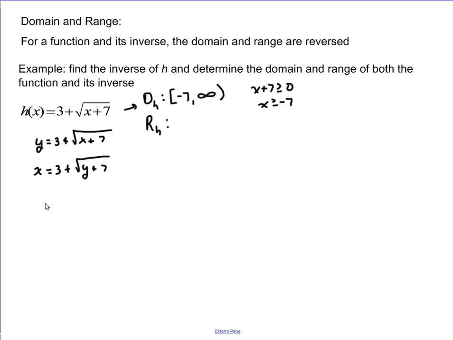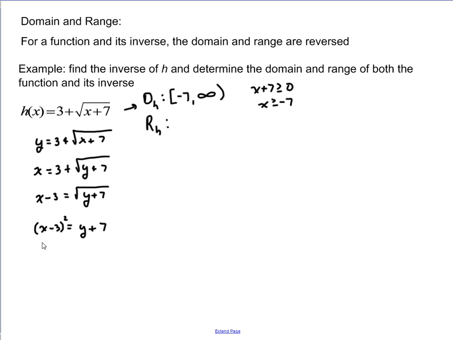Okay, so what do we do? Well, let's solve for y. We're going to subtract 3 from both sides. We'll get x minus 3 is equal to the square root of y plus 7. Now to get y by itself, we have to undo that radical, which means that we have to square both sides of our equation. x minus 3 squared will equal y plus 7.